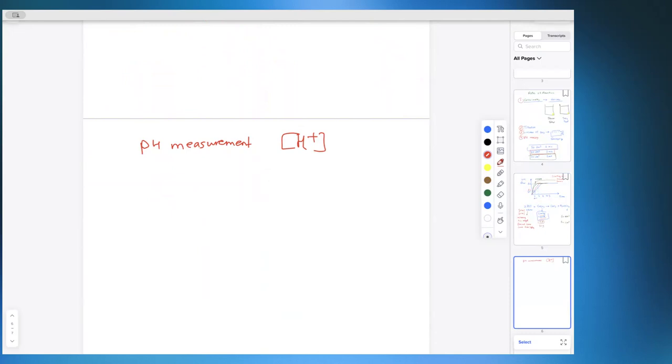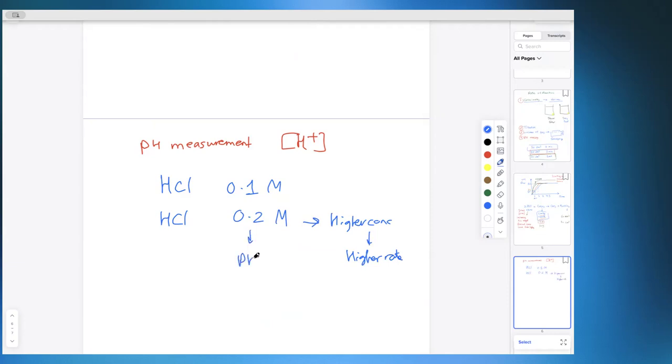For example, if you are reacting HCl at 0.1 molar, the rate is slower than if you are reacting at an HCl concentration of 0.2. A 0.2 concentration means a higher concentration, and of course a higher rate.